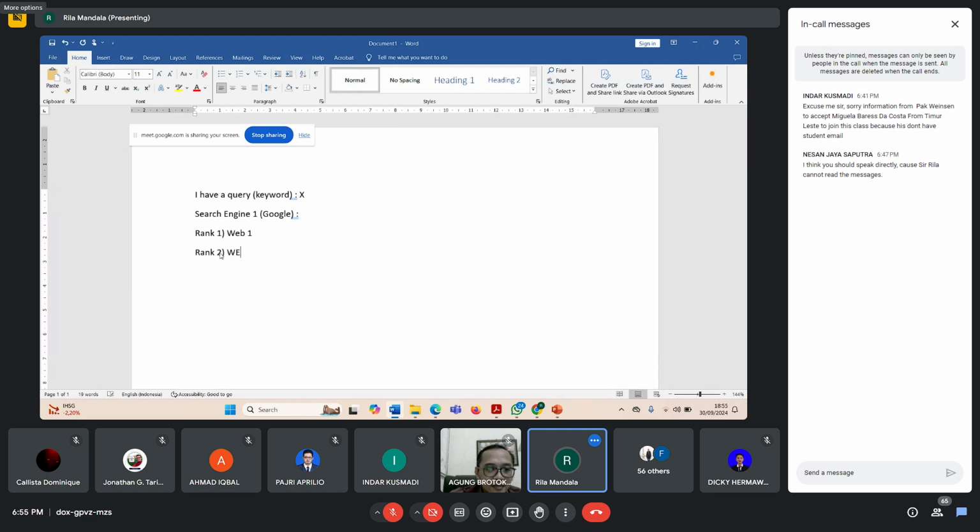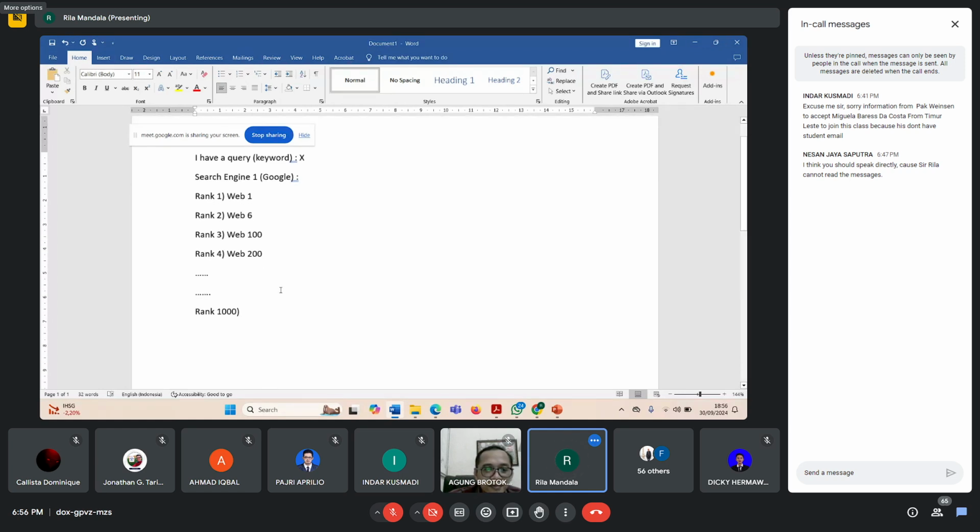Rank two is web six. Rank three is web 100, for example. Rank four is web 200, etc. And it returns until rank 1,000. Example web 234.